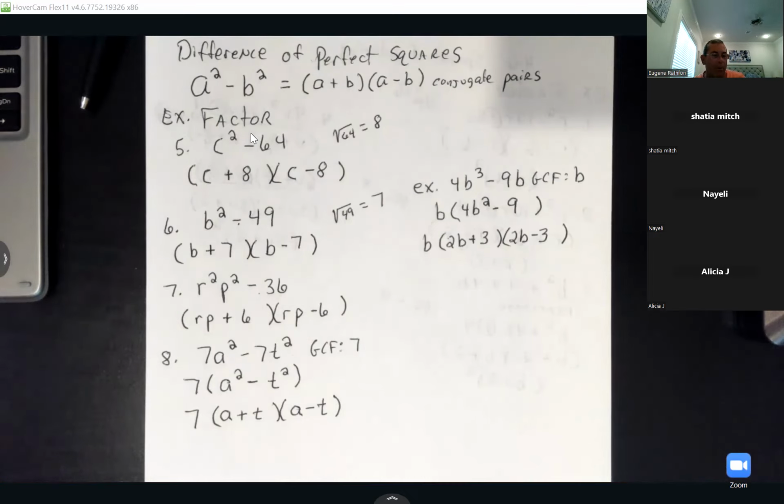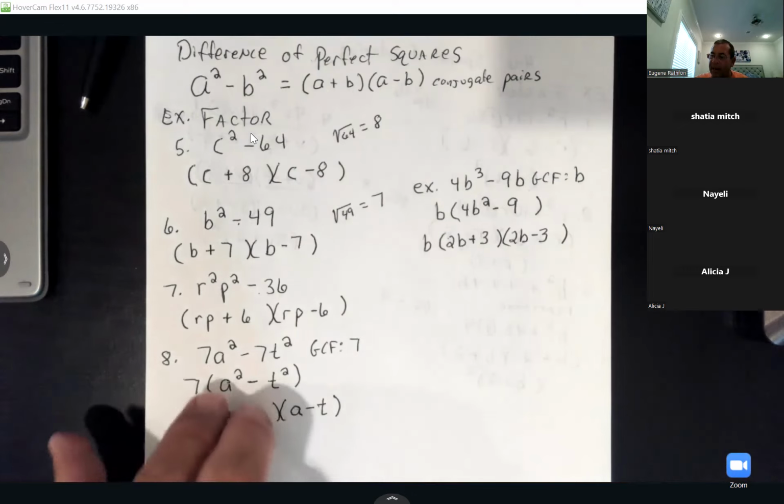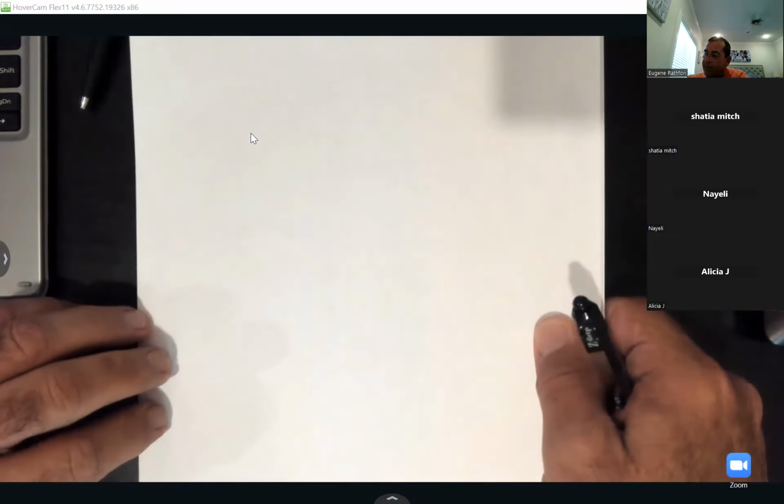All righty, y'all, so we will move into 4.8. In 4.8, it's solving equations.